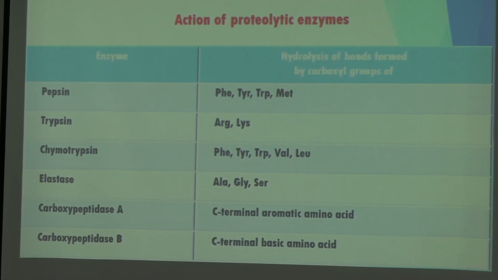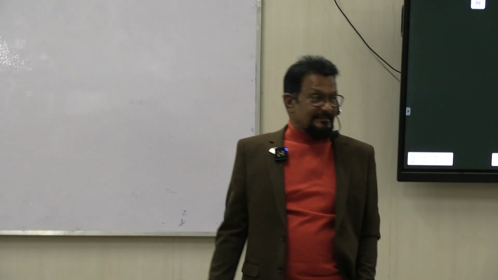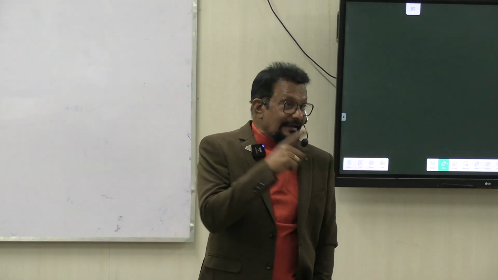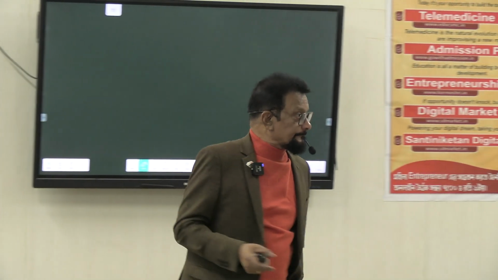Whereas trypsin can hydrolyze the carboxylic bond of arginine and lysine, but the content of arginine and lysine is maximum in a peptide chain. So their action is much more.